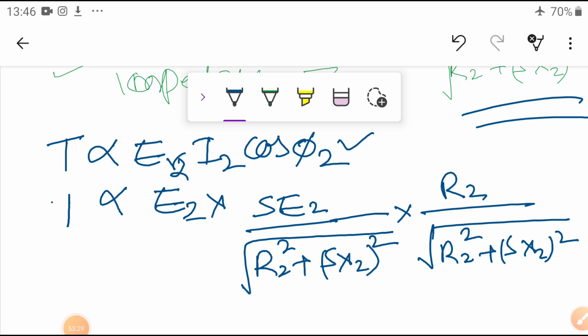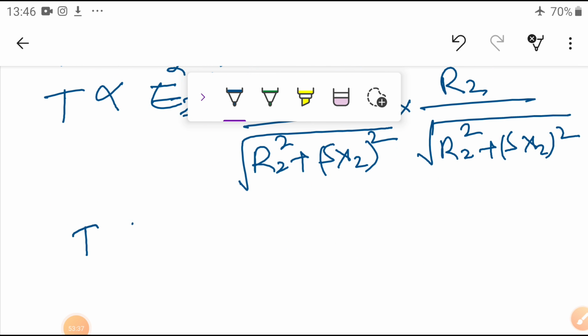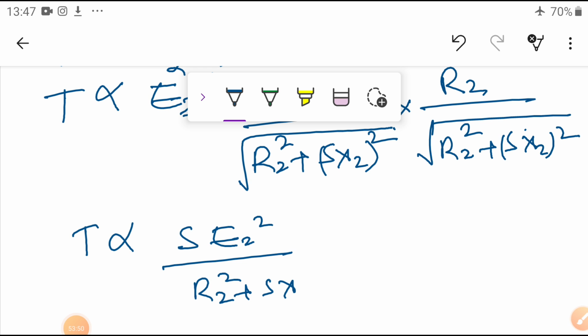This is the torque proportional. Now here E2 and R2, simply substitute. The torque is directly proportional to S E2 whole square by the same values, so simply R2 whole square plus Sx2 whole square, into R2.